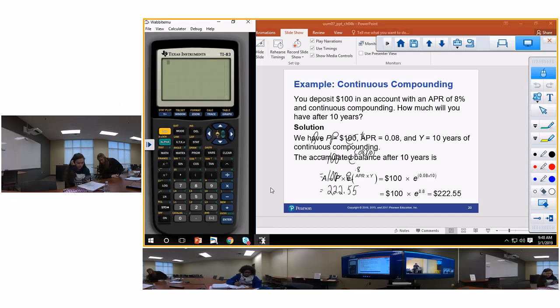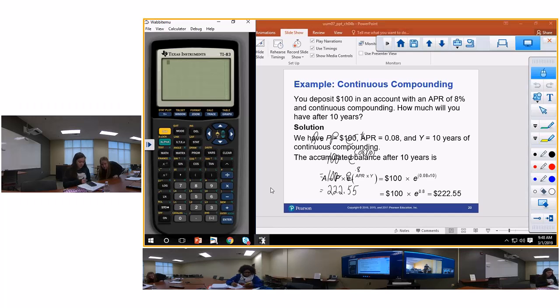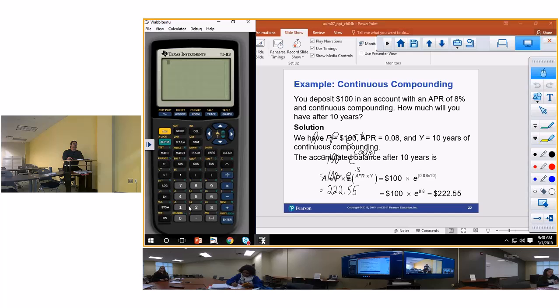All right, get your calculators out. And 100 times E, second natural log, which is down on the lower left-hand side, 3 rows up, 0.8, close parentheses. That's what it should look like.